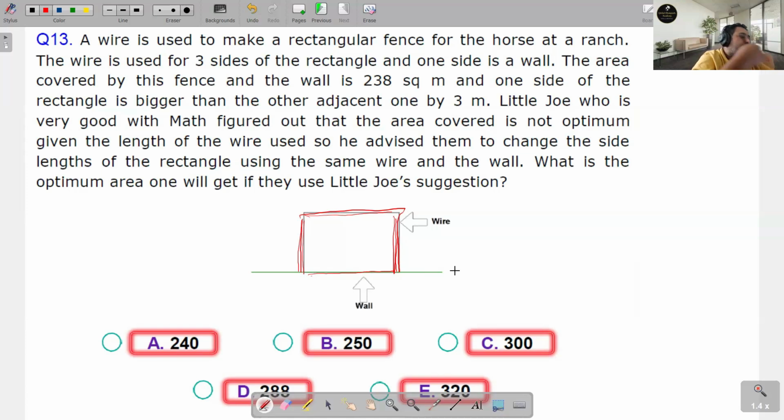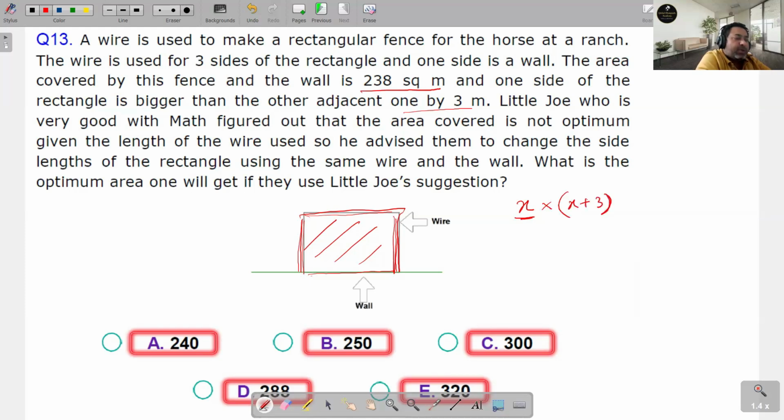All right. So let's say the area right now when they made the fence is 238 square meters, and one side is bigger than the other side by 3 meters. The area of a rectangle, as you know, is length times width. So let's say the smaller side is x and the larger side will be x plus 3.